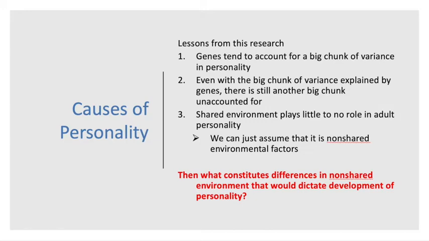So non-shared environmental factors tend to matter more than shared inputs in shaping our personality. And shared environmental inputs here, as an example, what kind of parenting style the two twins were exposed to. So non-shared environments are more important than shared ones in personality.